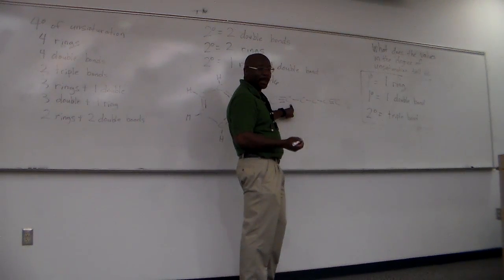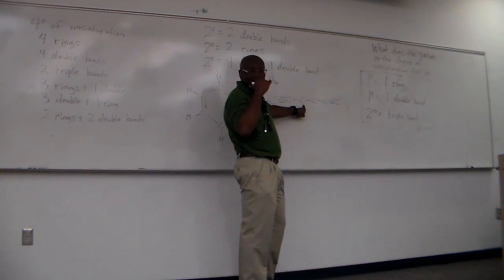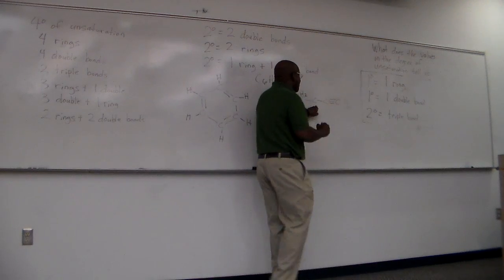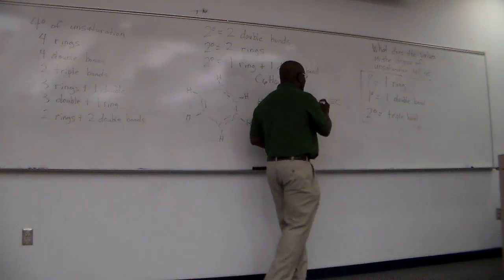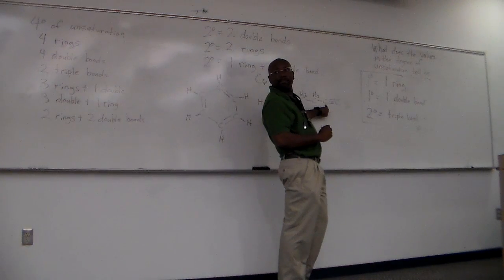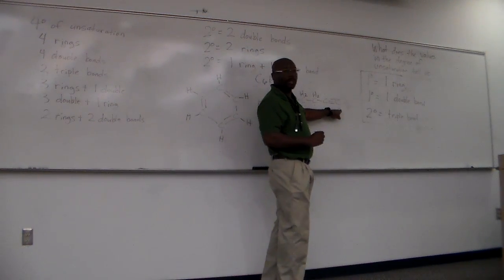It's already got 4. Do we add a hydrogen? No. Look at the next carbon atom, how many bonds shown? 2. We need to add 2. Next carbon atom. 2 hydrogen. Next carbon atom. No, see, 4 bonds with no hydrogen, right? And this one we add 1 hydrogen.